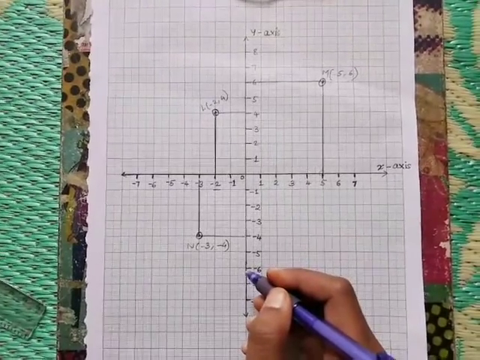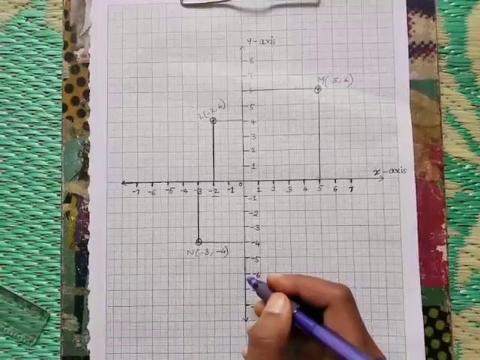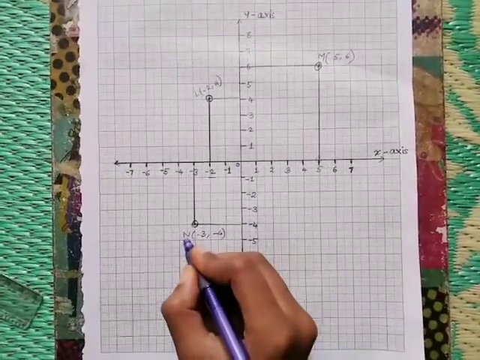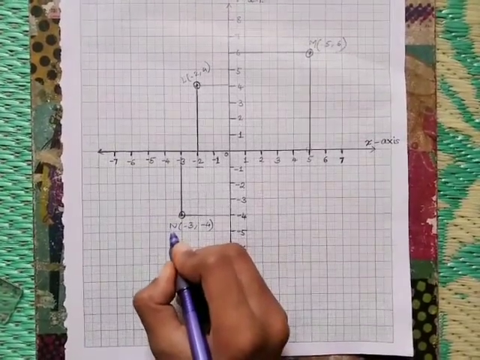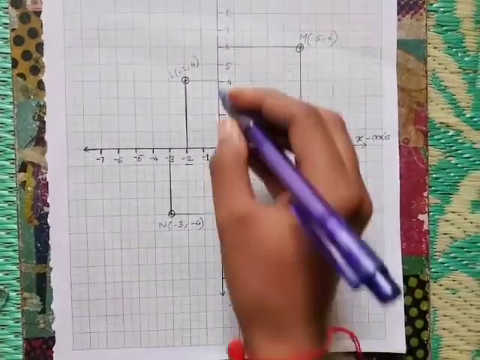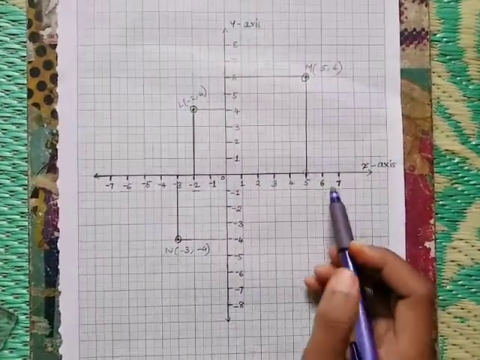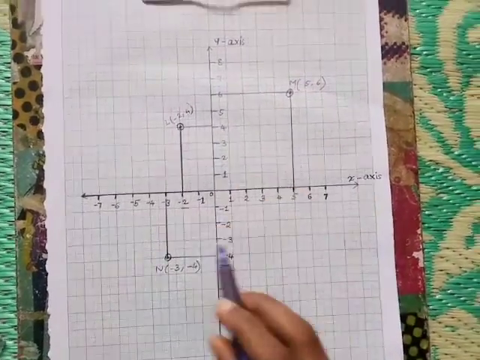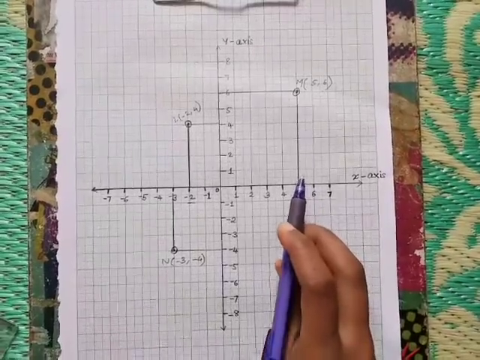Plot the points, join them by taking the meeting point, and then name that point, whatever is given. You know very well that the vertical line is the y-axis and the horizontal line is the x-axis. In this way you can plot the points.